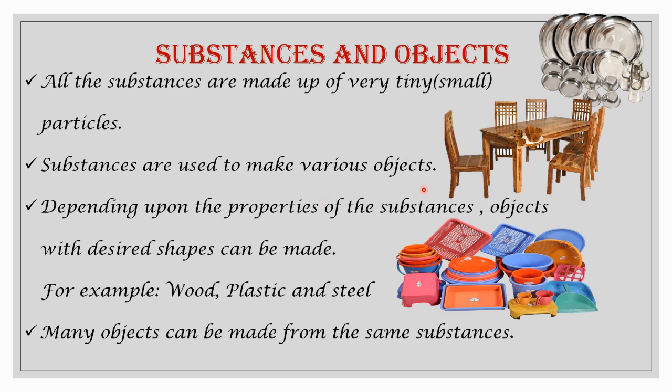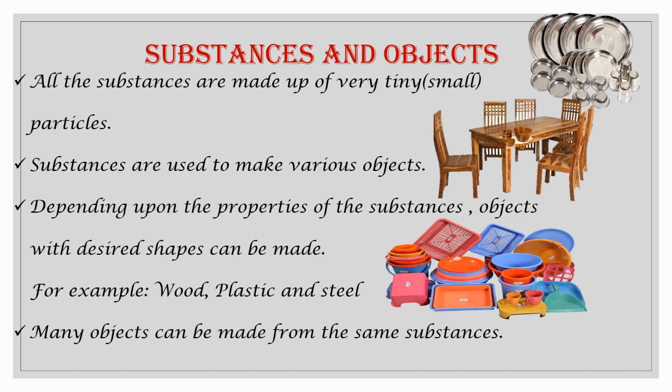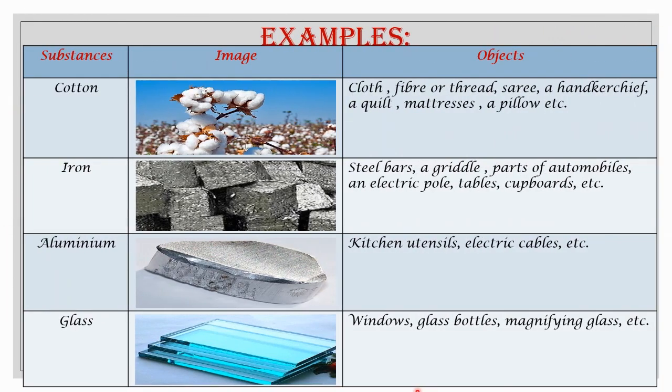And we can say that depending upon the properties of the substances, objects with desired shapes can be made. For example, wood, plastic and steel. And also many objects can be made from the same substances.